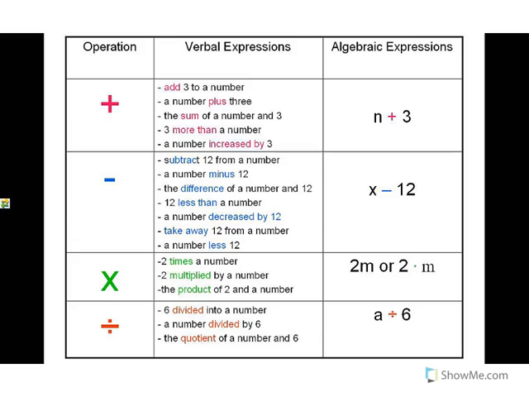we start off with addition. Let's look at the operation for addition, and we're going to use the first example, n plus 3. Look at the first one: add 3 to a number. We look at the keyword add. Add means addition, so a plus sign. What are we adding?